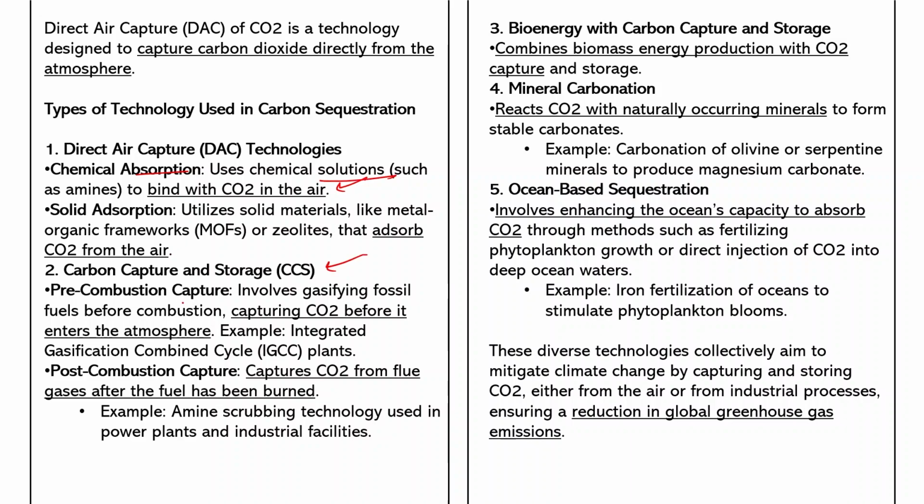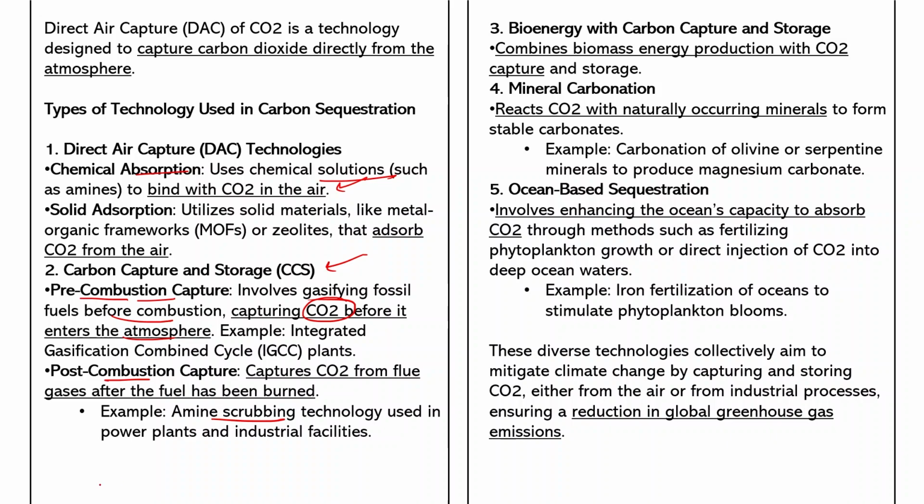Then there is carbon capture and storage, which is when you are going for fossil fuels. Either you can capture carbon dioxide before it enters the atmosphere, when you are looking for fossil fuels before combustion, or you can capture it after combustion by using amine scrubbing technology.